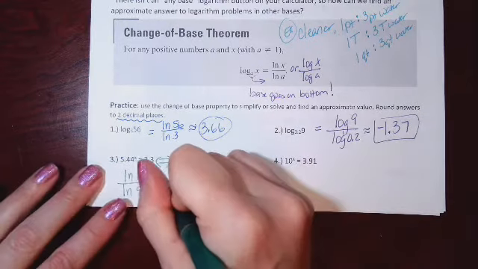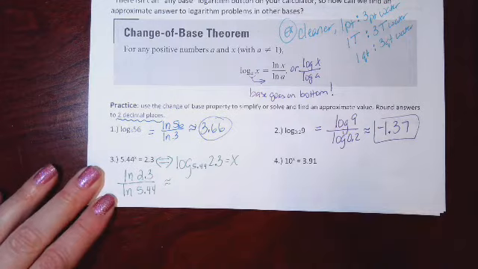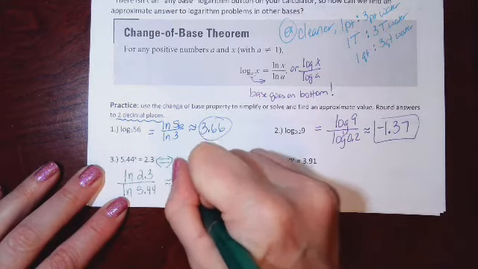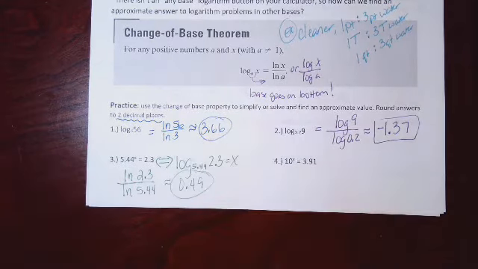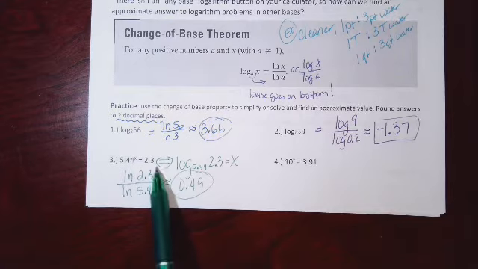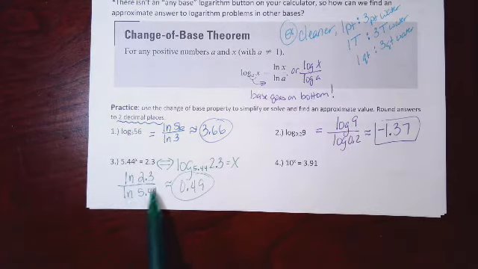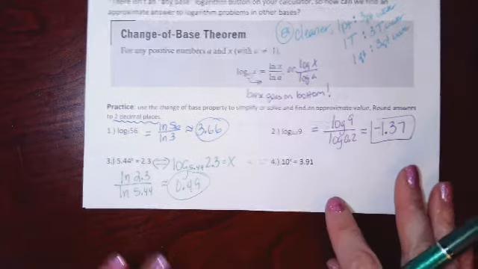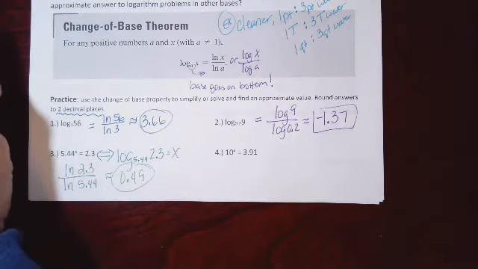And when you plug that into your calculator, you should come up with, rounded to 2 decimal places, 0.49. Remember, either do natural log of 2.3, enter, or close those parentheses before you divide by the natural log of 5.44. One last practice problem here.